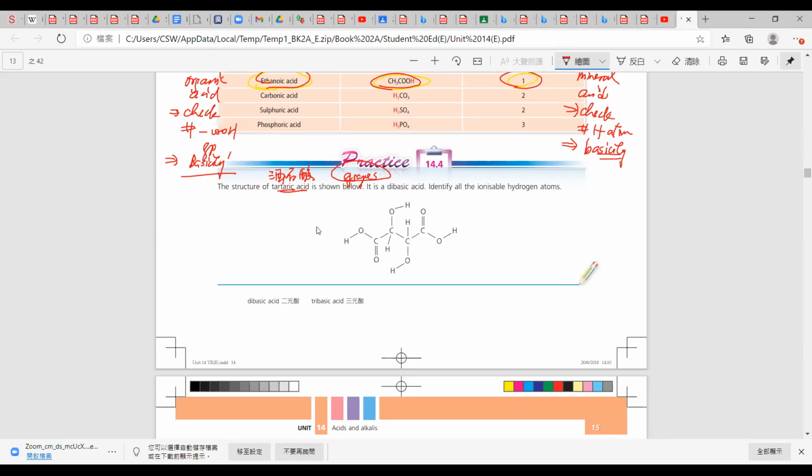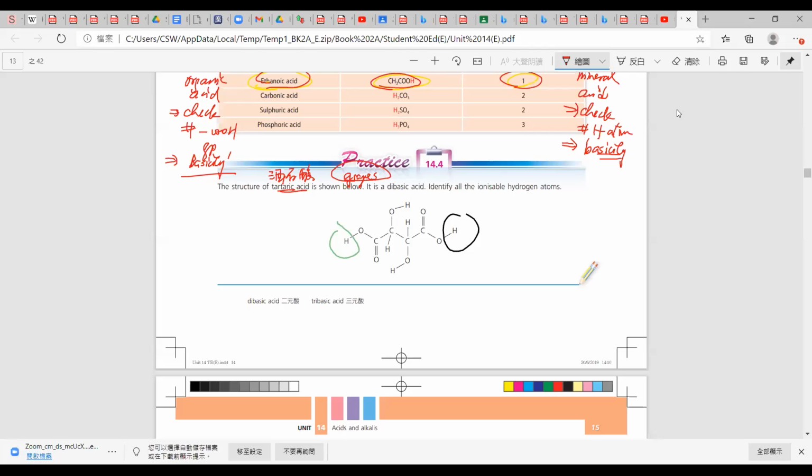So circle it for me. Where are the ionizable hydrogen atoms? Yep, correct.